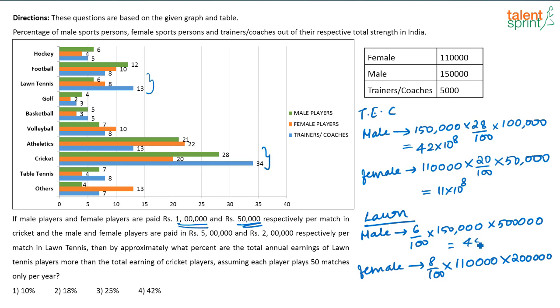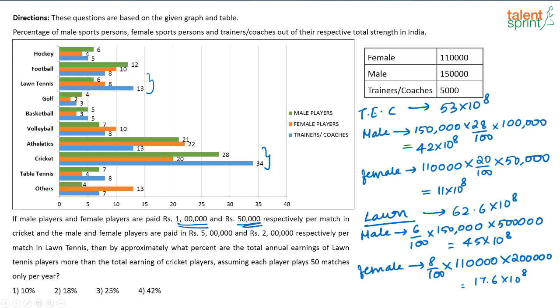Or that is 45 into 10 to the power 8. See, I am putting 10 to the power 8 so that it's easier for us to calculate. Right, here you have 22 into 8, or I can say 17.6 into 10 to the power 8. Add these two, what will you get? So this total you get it as 53 into 10 to the power 8, and this is going to be 45 plus 17.6, that is into 10 to the power 8.